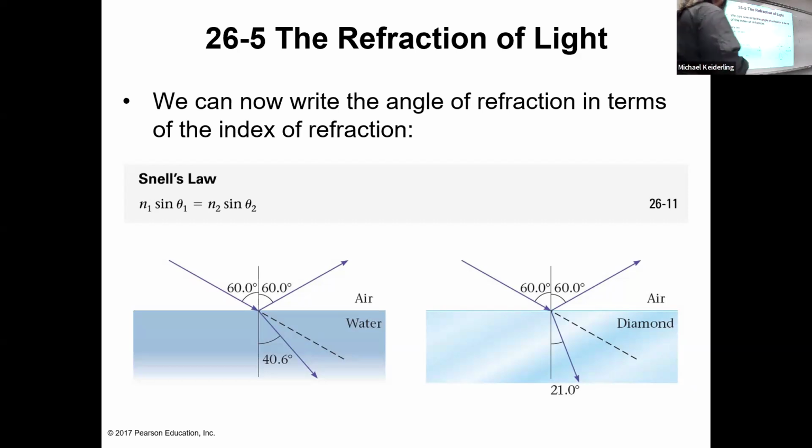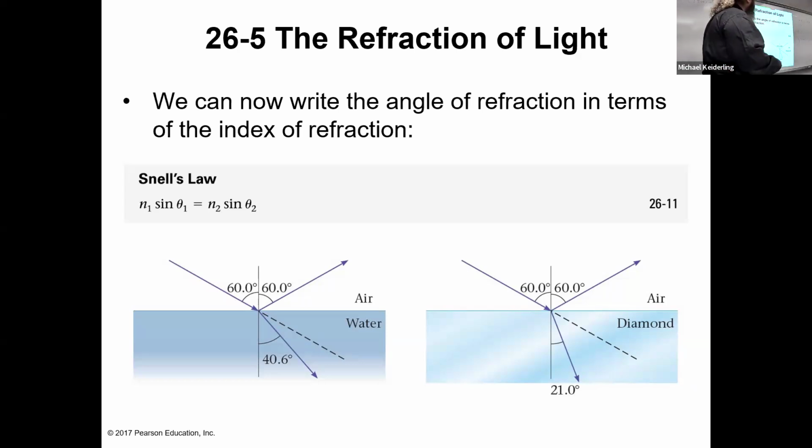So when you have something going in from, say, air into water, some of the light will reflect. So it'll bounce off the surface with an angle of incidence equal to an angle of reflection, and some will refract with an angle of refraction that is smaller than the angle of incidence because the index of refraction of water is larger than the index of refraction of air.